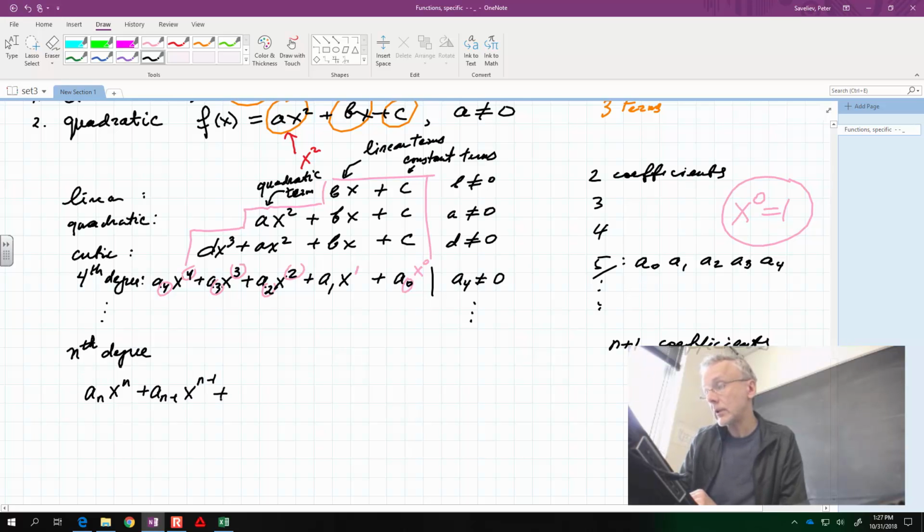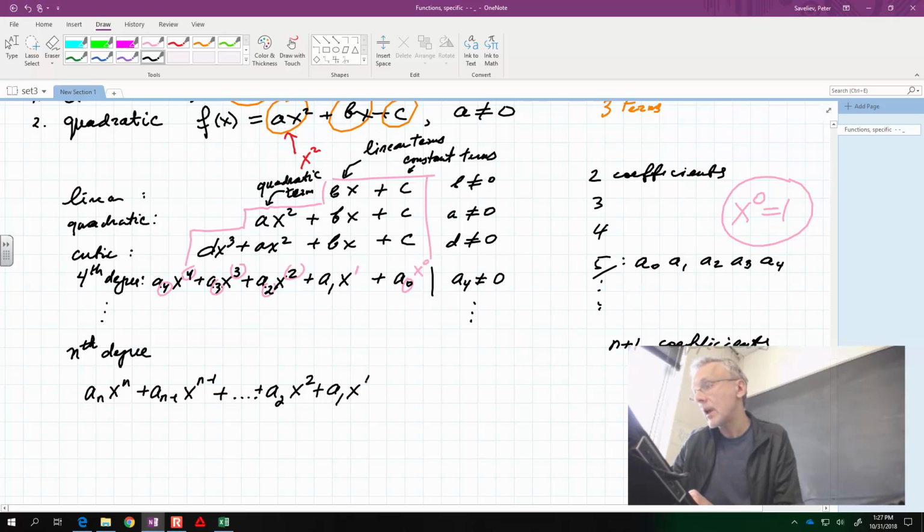So it's a little bit cumbersome, and then you have this dot thing, which is always confusing, but it is to indicate that we are continuing with the pattern. So the index of a goes down by 1, as well as the power of x goes down by 1, until you reach the place that we have been before. So this part is the same.